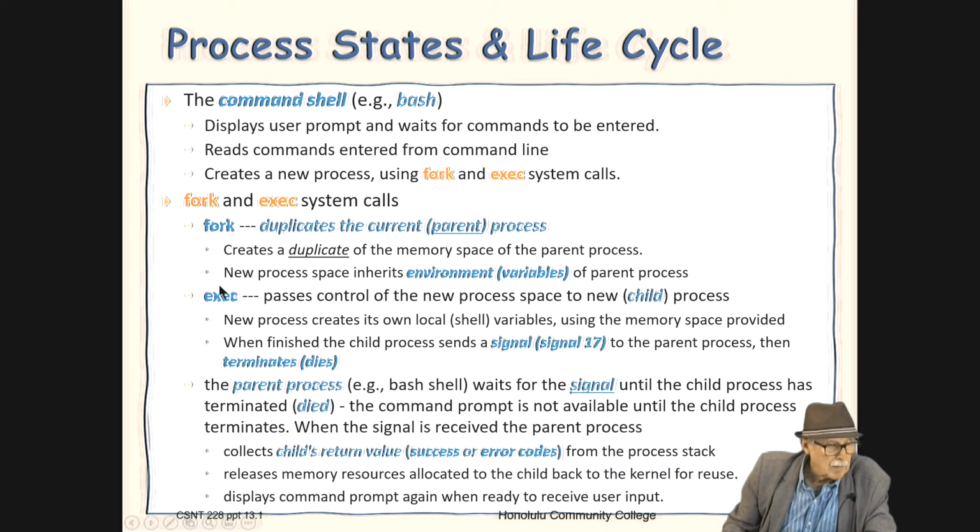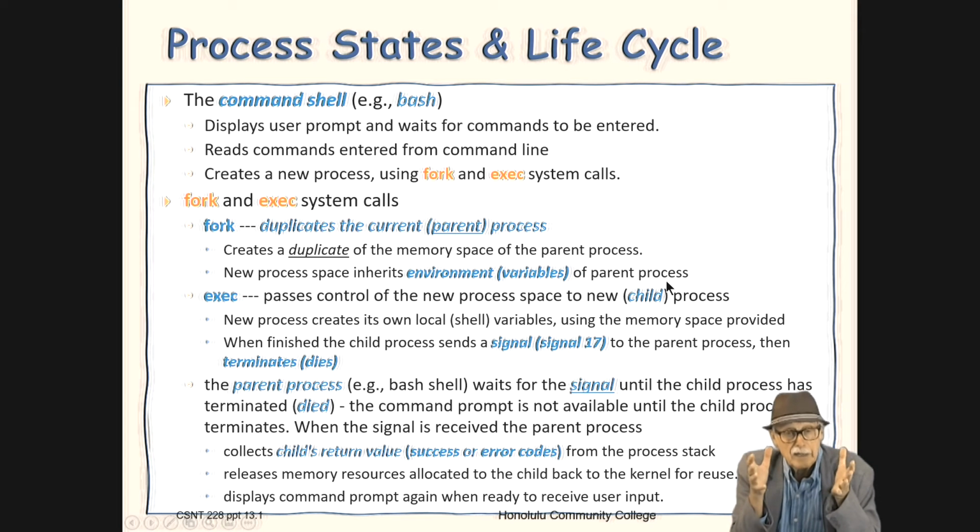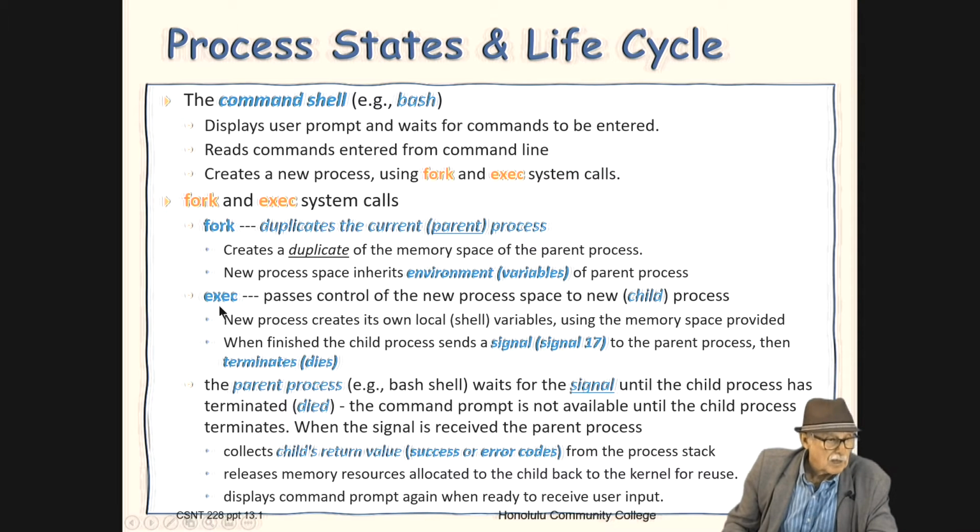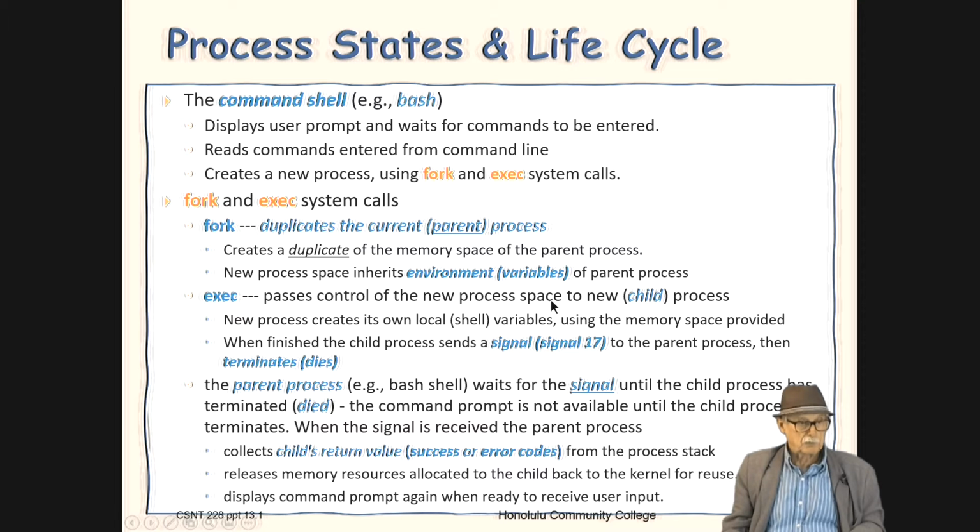The new process space inherits the environment variables of the parent. That's why the environment variables, the prompt command, the path, anything that was exported, get passed into that child process. Sometimes we call them subshells, but it's the child process. The exec passes control of the new space to the new child process, and the child process takes over.